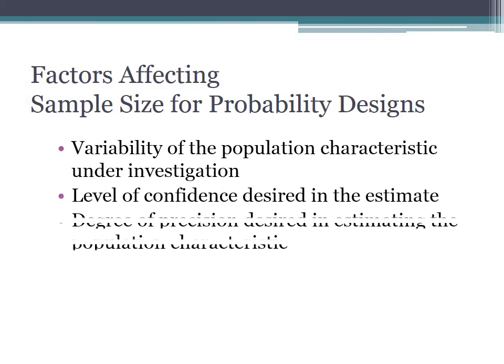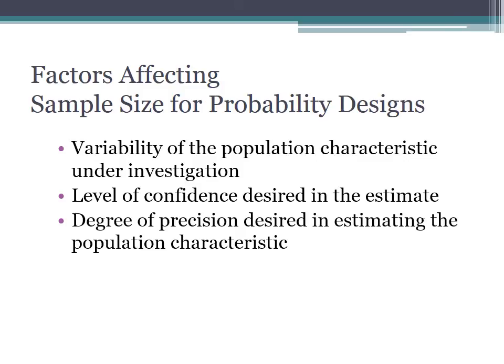And of course, you've all heard of sample size. We need to accurately determine how many people we need to talk to, that we need to survey, that we need to sample in order to make those inferences. Here are some of the factors that affect that sample size. The first one is the variability of the population characteristic. So the greater the variability of the population, the greater the sample size we need.